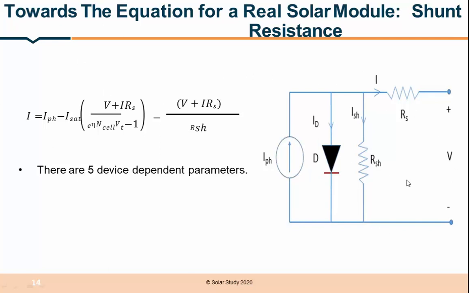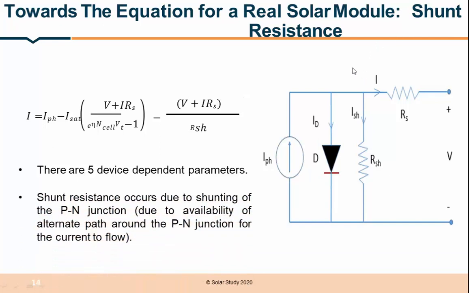Then this RSH, that is nothing but V plus the voltage across this plus this I RS divided by RSH, then I will get the total voltage. So here there will be 5 device dependent parameters: RS, RSH, V, eta and IPH.